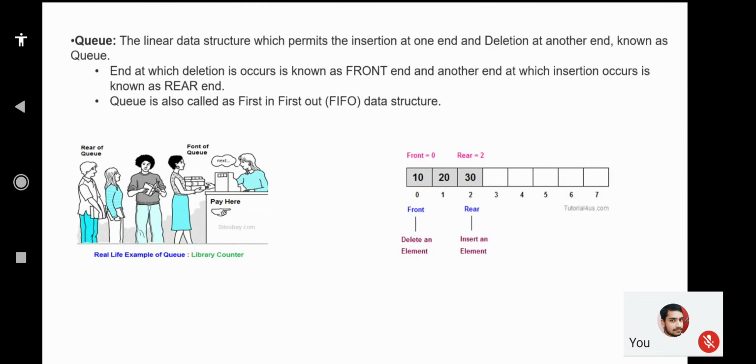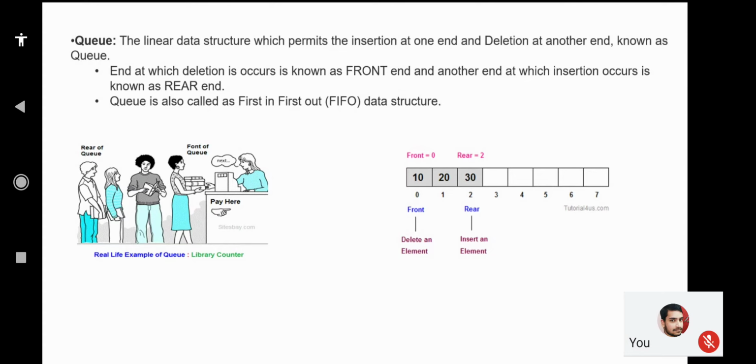And whenever deletion occurs from the front side, suppose 10 is deleted, then your front will be 1. After that 20 is deleted, your front will be 2. 30 is deleted, your front will be 3 and so on. Now the other name of queue is what?